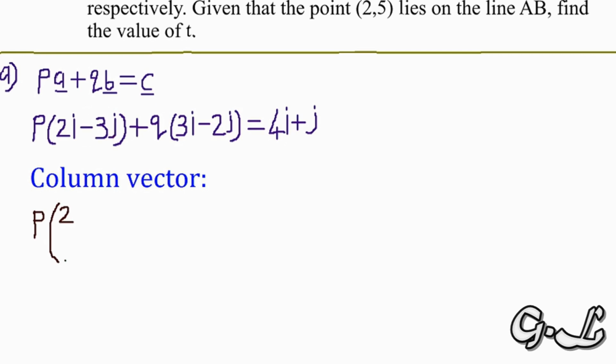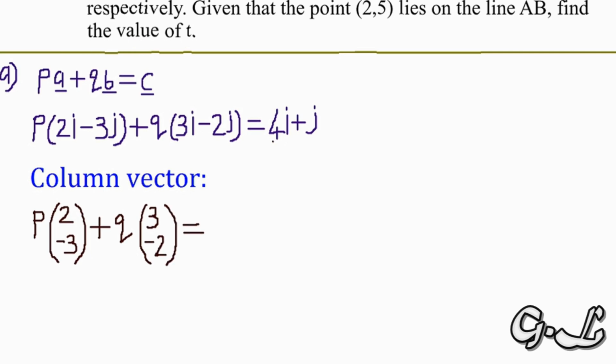It is going to be like that, and then we're going to maintain the plus there, and then Q again we're going to do the same things. The 3 is going to be at the top simply because 3 is attached to the i, and then another one we have -2 which is attached to the j. So we said that the one which is attached to the j, it should be down. So in such a case, we're going to have -2 down there, and then is equal to, and then we are going to open the parentheses like that, and then the one which is attached to the i is the one which should be at the top again.